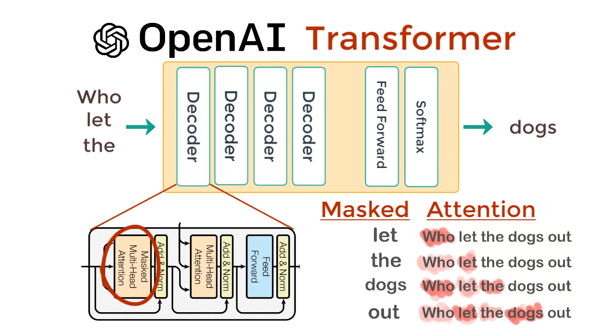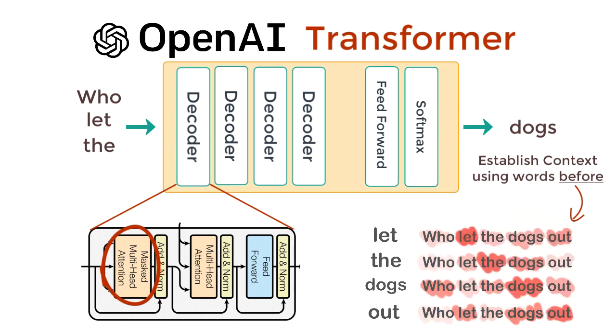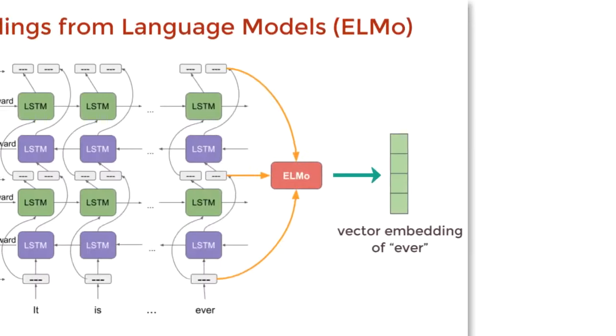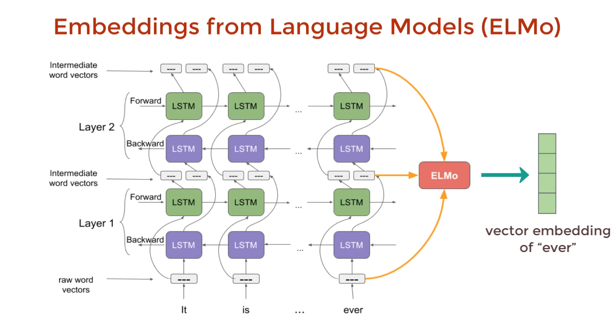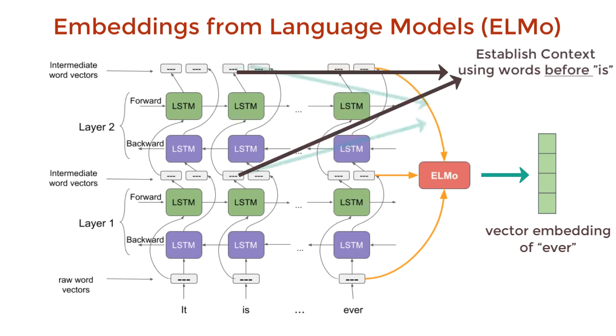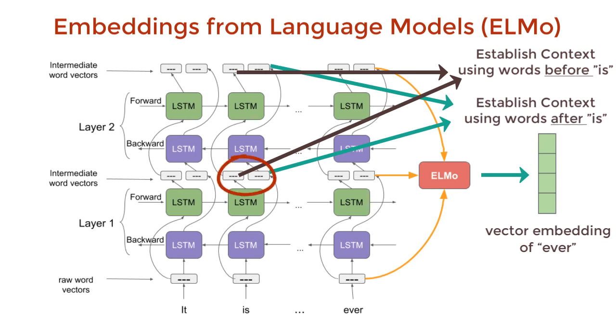But we have another problem. Because of the masked attention, word embeddings are constructed using only the context before it. However, in reality, the context of a word comes from the words before it and the words that follow. And also, even in ELMo, though it was a bidirectional recurrent neural network, the word embeddings using context before and after were determined separately and then concatenated.